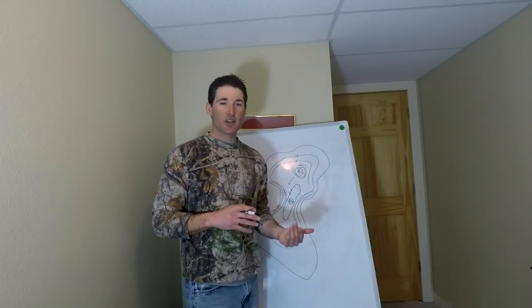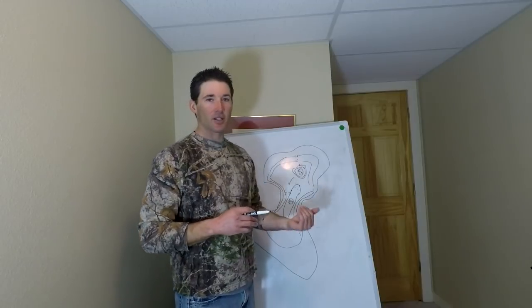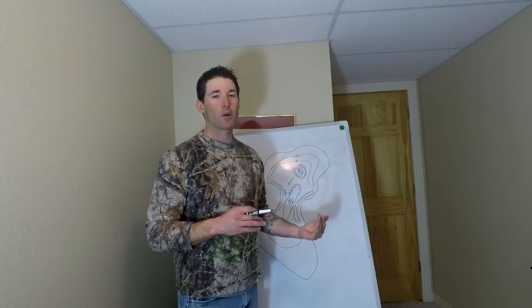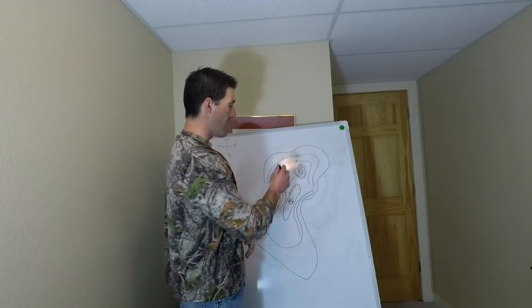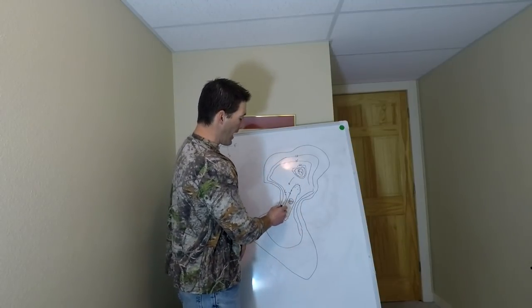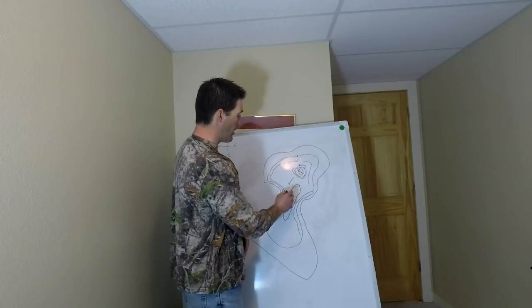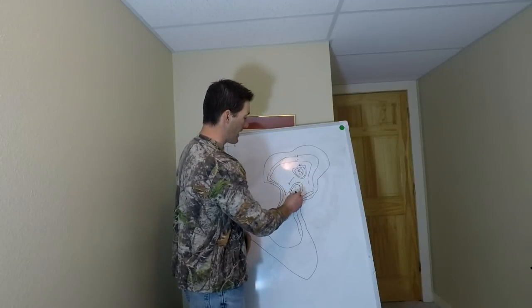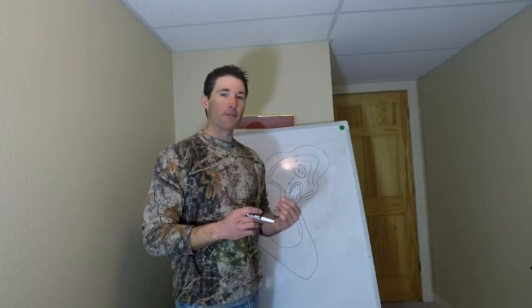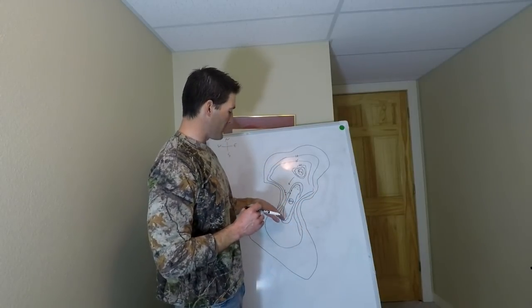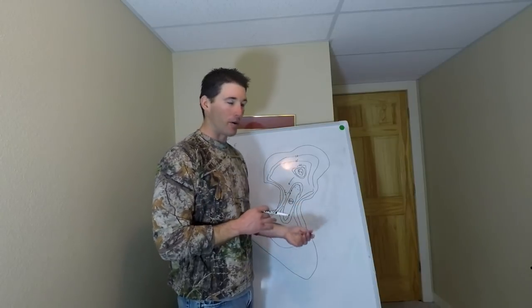Now, the size of the lake and the number of spots is going to kind of dictate how well I drill out an area. For example, if this lake only has 2 spots and I haven't found any fish yet, I might continue to drill holes around this. I might go out to the next contour line and drill that out, because I'm pretty sure if there's crappies, they're going to be someplace around here, at least some of them.